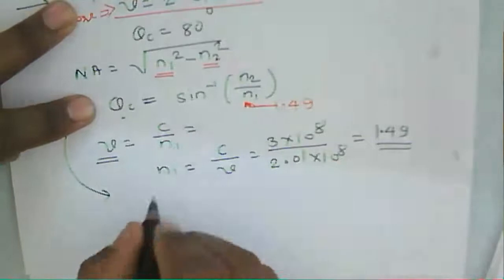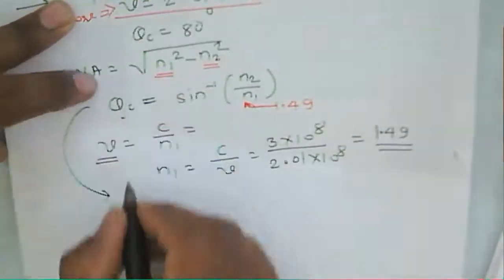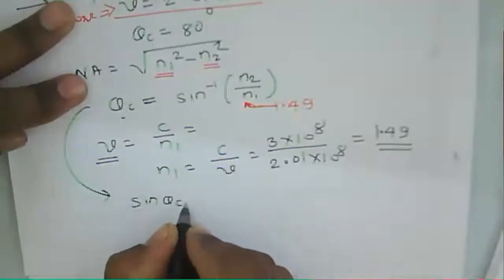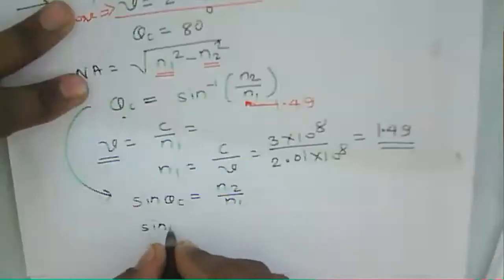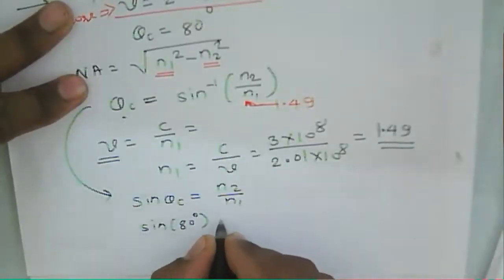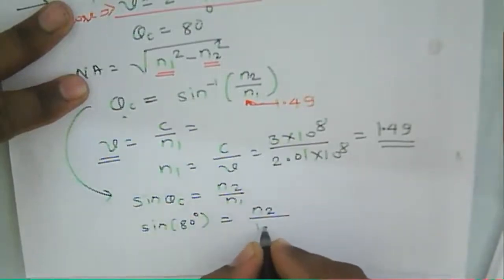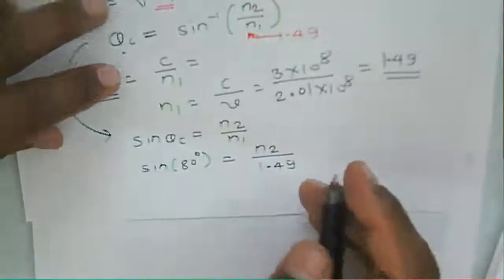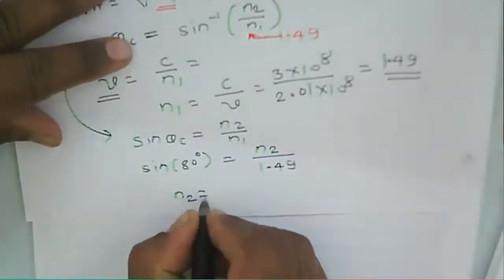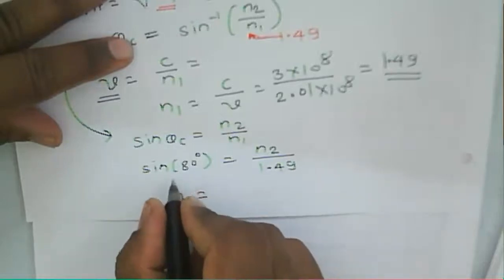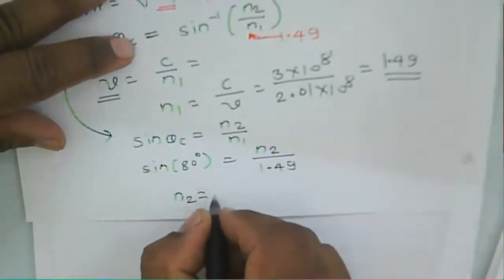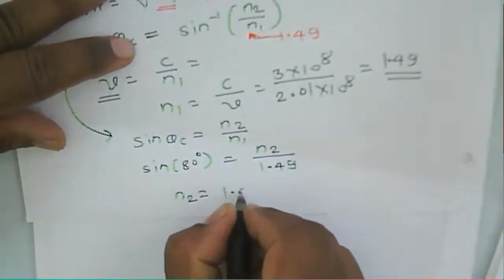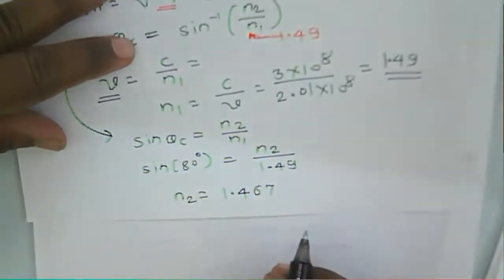Instead of sine inverse, we can write sine of theta c equal to n2 by n1. So sine of 80 degrees equals n2 divided by 1.49. By solving, we get n2 equal to 1.467.